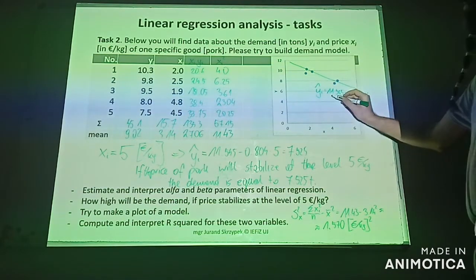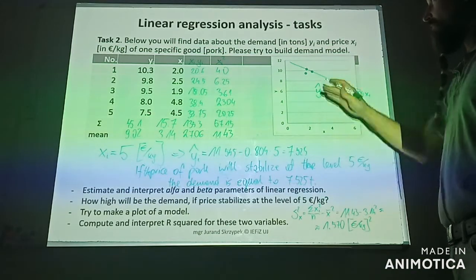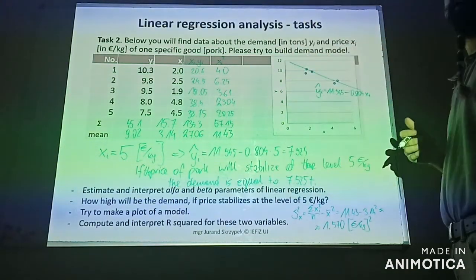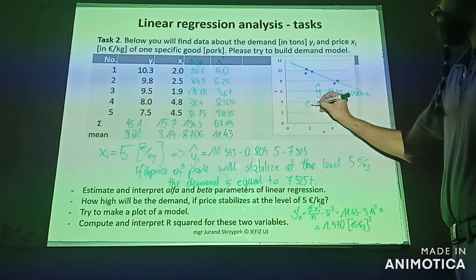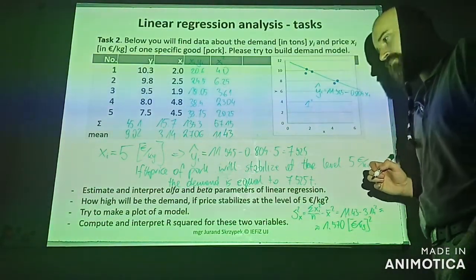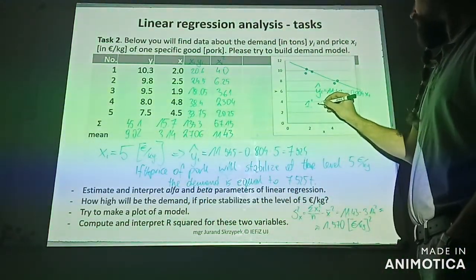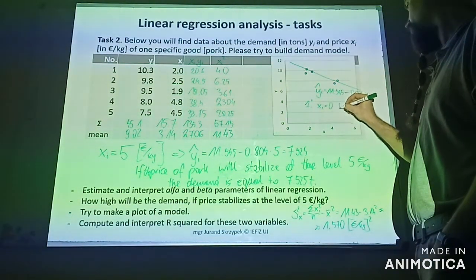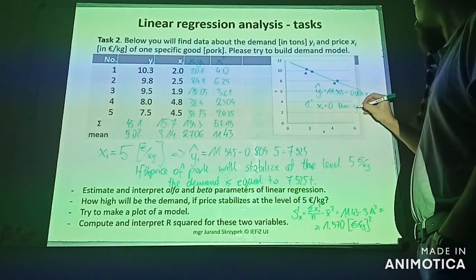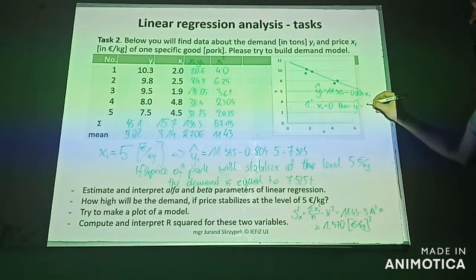Try to make a plot of the model. It's very easy. Alpha parameter is the cross point of our straight line and the vertical axis. First information that we need to make a plot is that when xi is equal to 0, then yi with a roof, the theoretical value of the demand, is 11.545.